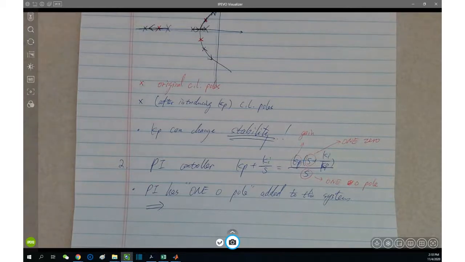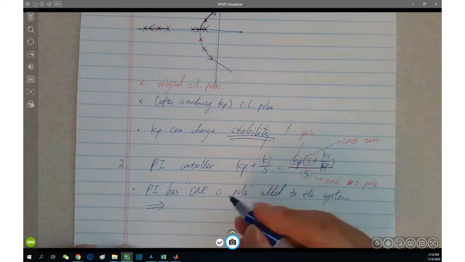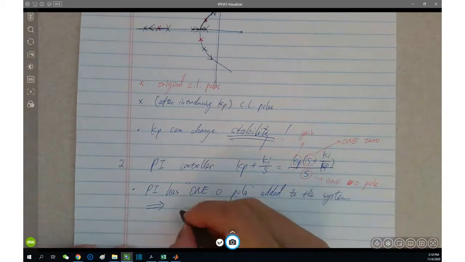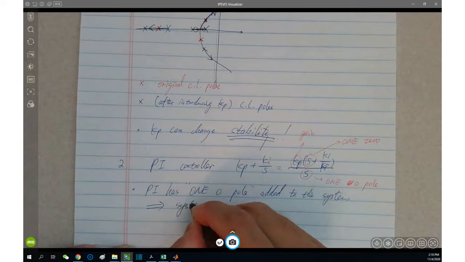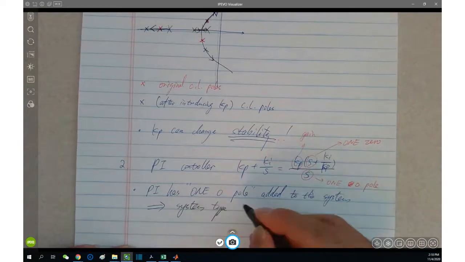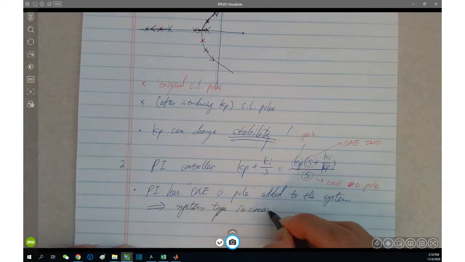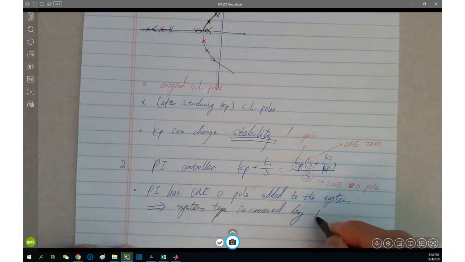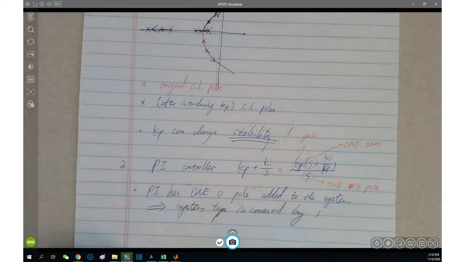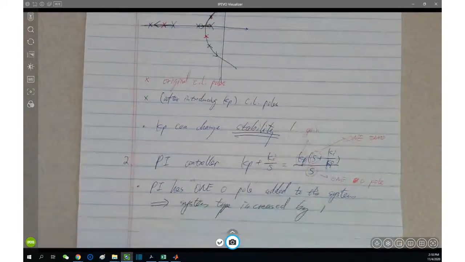Jeff is right. Very good. The system type increased by 1, because you are adding 1 zero pole here.